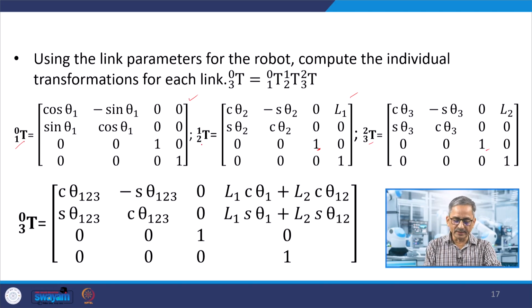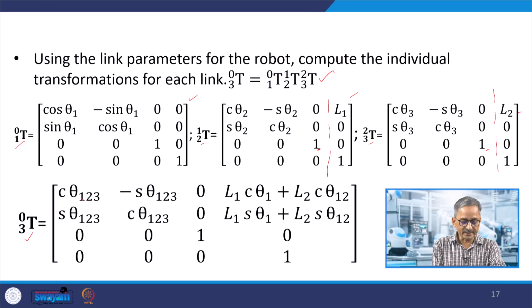In one transformation matrix we will get the L1 term, whereas in another we will get the L2 term. Now when I substitute all these 3 matrices into this equation, this is what I get: the description of frame 3 with respect to frame 0.